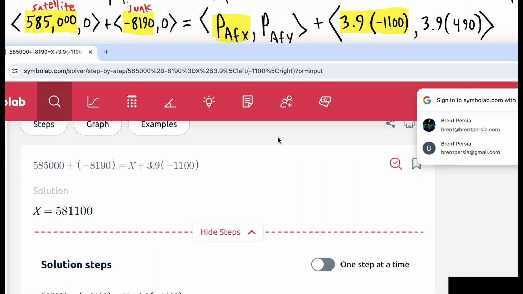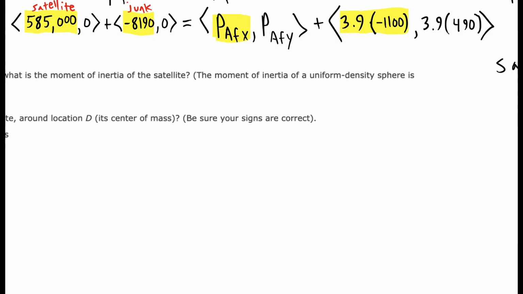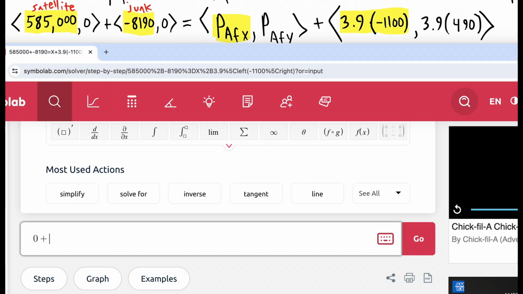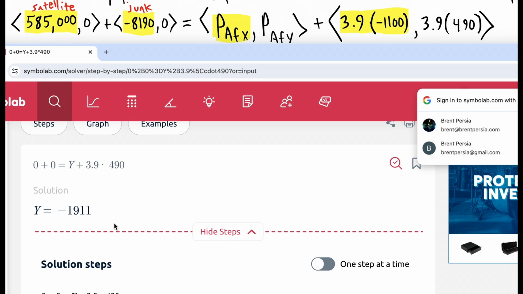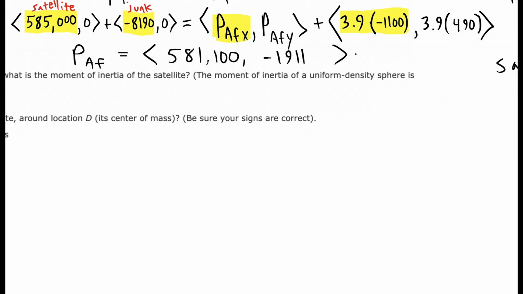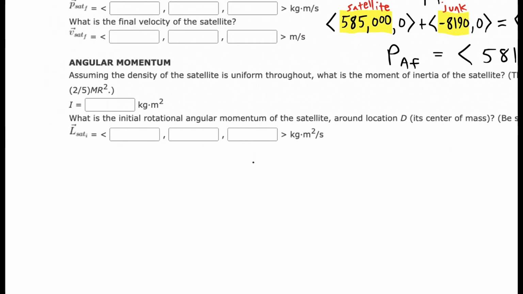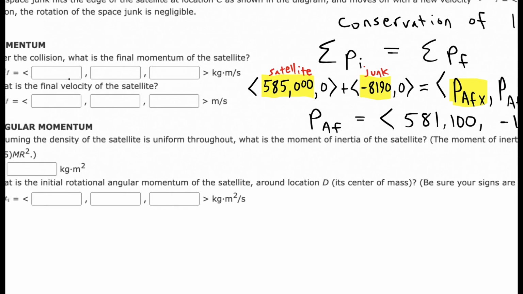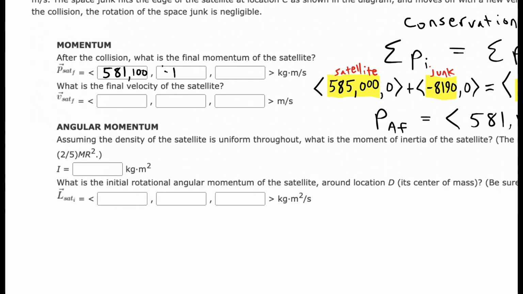So I get 581,100 for the x component. Now I'll solve for the y. It's negative 1911. Keep in mind these are kilogram meters per second units. So this is what I would put here, and then just put a 0 for the z dimension.